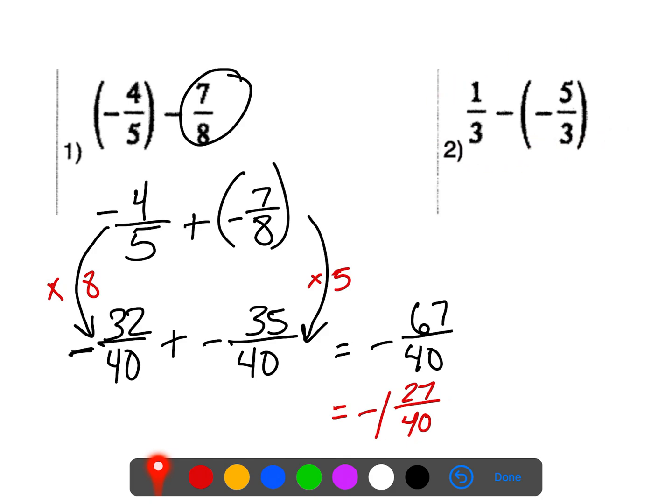For the second one, we already have a common denominator. We just need to follow directions, which is to rewrite this using addition. So 1/3 plus, now we're adding the opposite of our other quantity here. Instead of subtracting it, we're going to add the opposite of it. The opposite of negative 5/3 is positive 5/3.